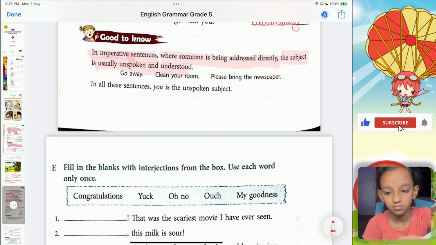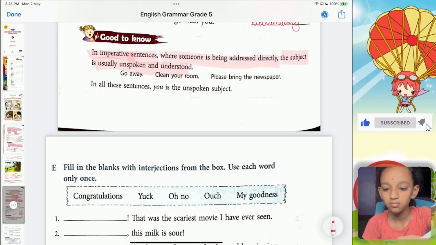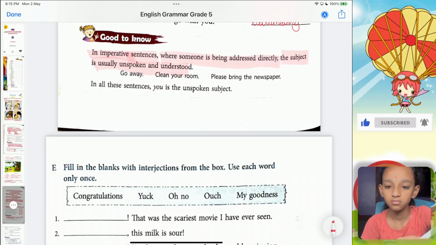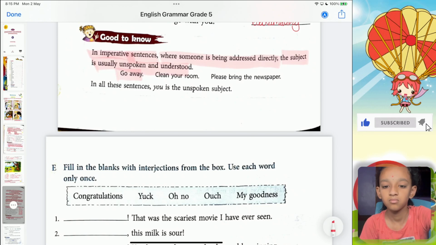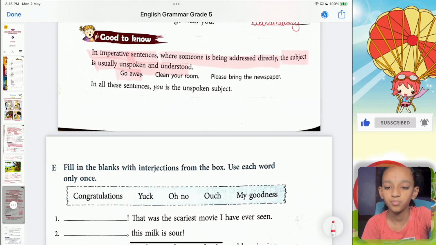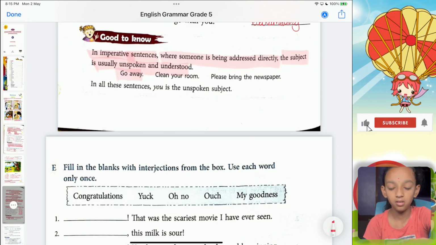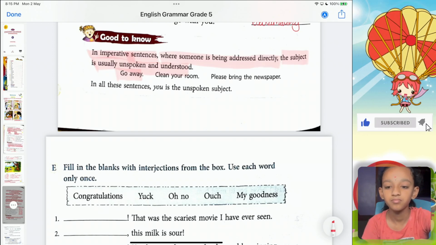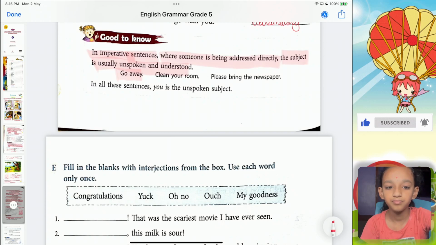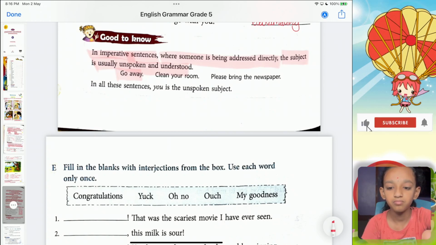If you are standing next to me or right in front of me, I may say something like go away. So the subject here is unspoken. I'm not saying you go away, I'm simply saying go away. The subject is unspoken because it's understood.